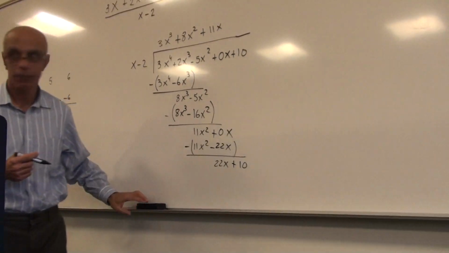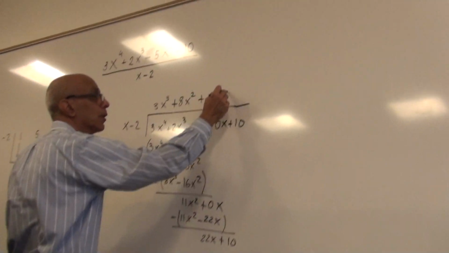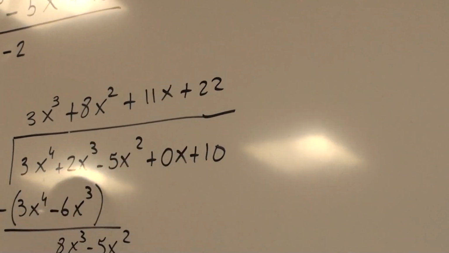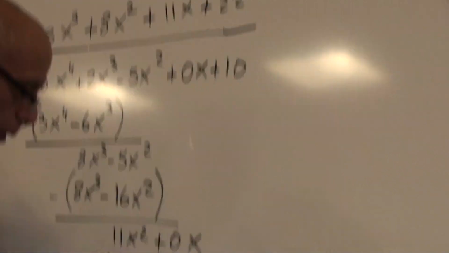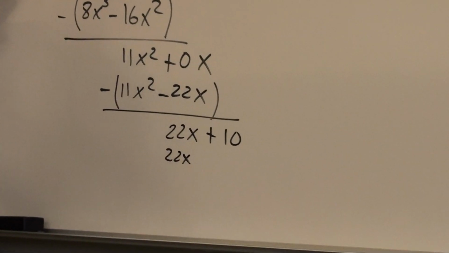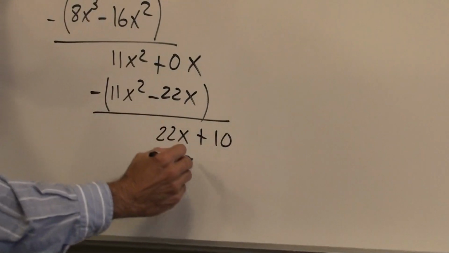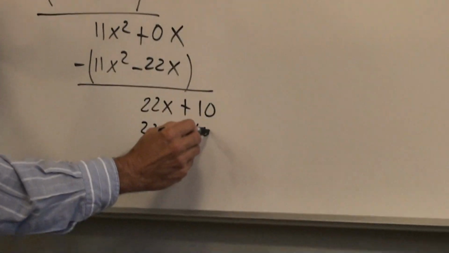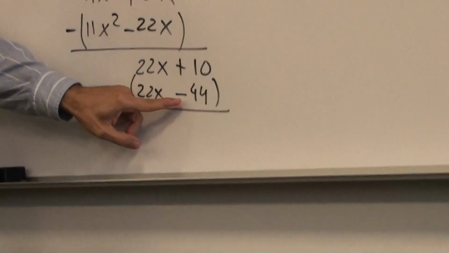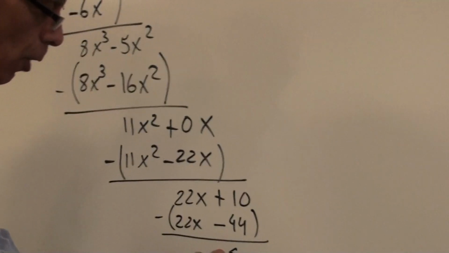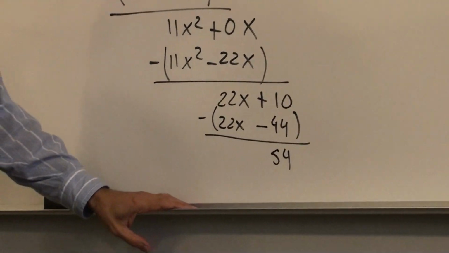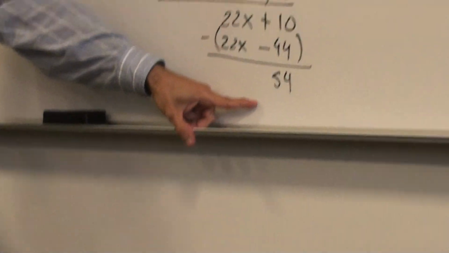Anybody? 22, just 22, okay? 22x minus 44, okay? Parenthesis, negative, this is going to cancel, it's going to become positive, with 10 is going to be 54, okay? Positive 54, and this is the remainder here.